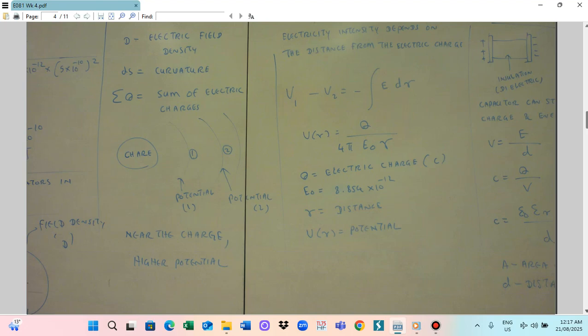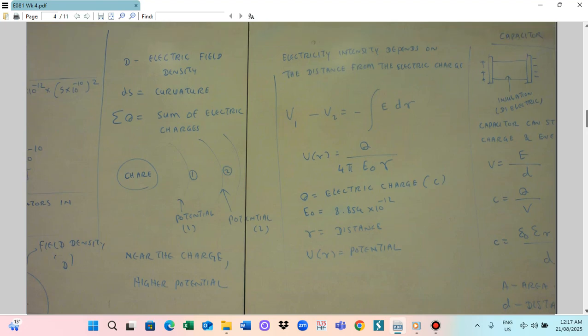We also have to calculate the electric potential. Around the charge we get a potential. Near the charge there is higher potential, and far from the charge there is less potential. So this is potential 1, and here is potential 2.